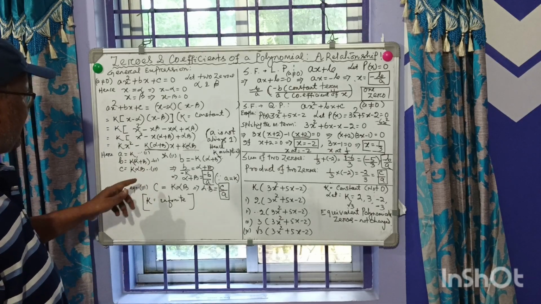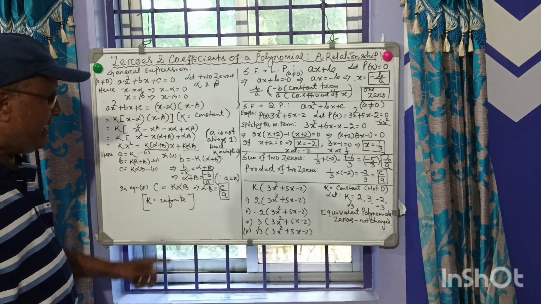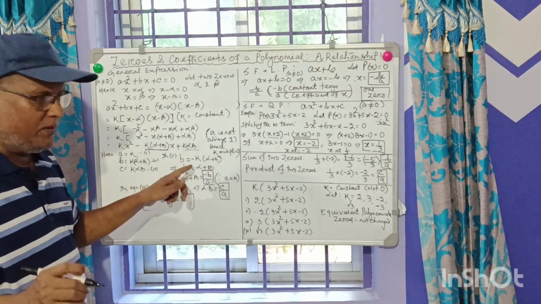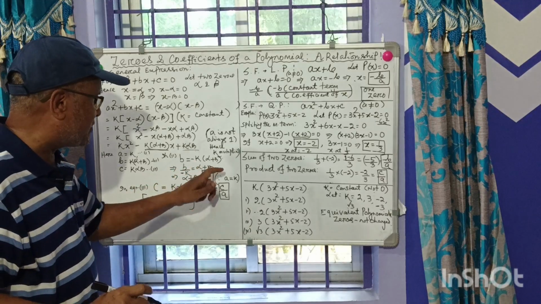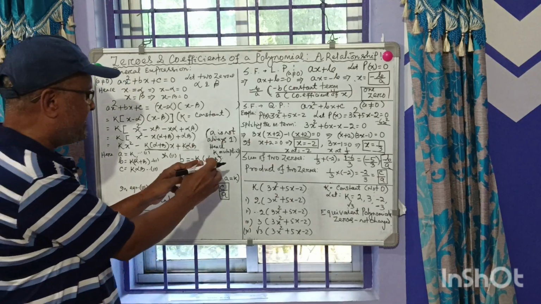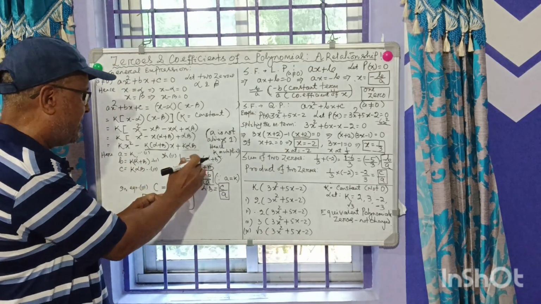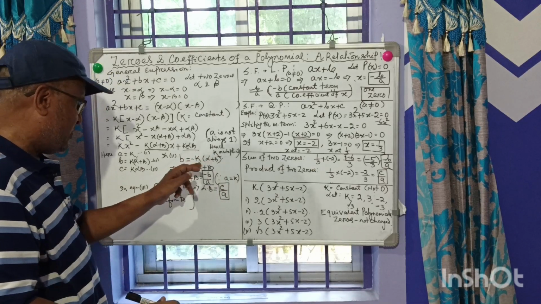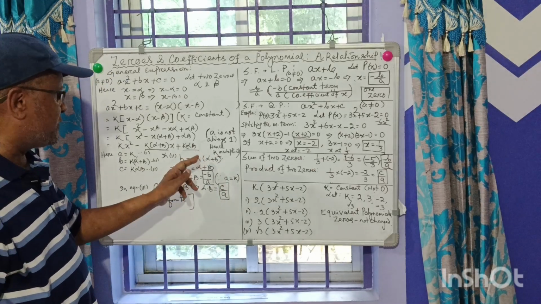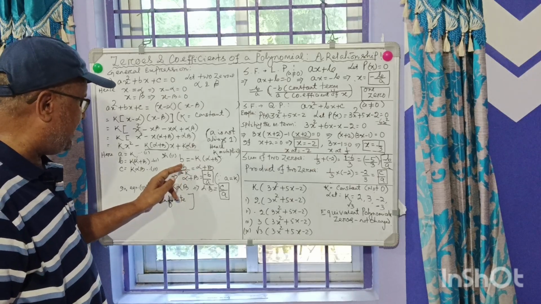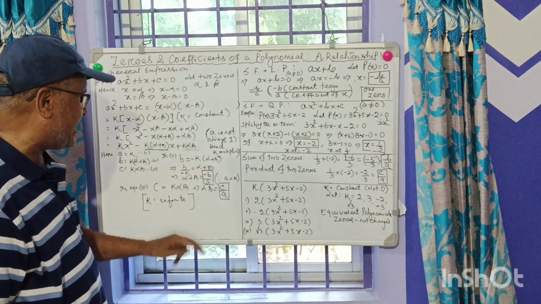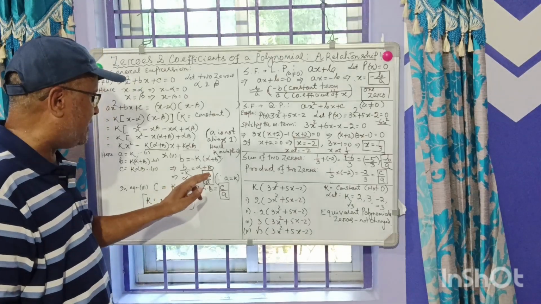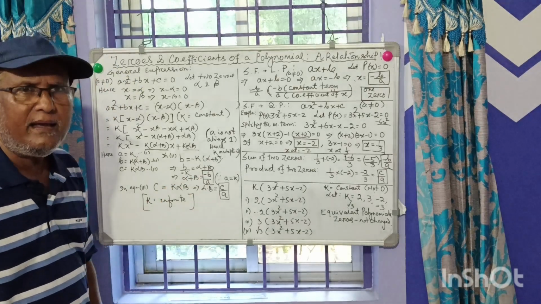Let's take equation number 2. In equation 2, we find b is equal to -k(alpha + beta). Keep alpha + beta on the right-hand side by transposition, so we get -b/k. So simply we can write alpha + beta is equal to -b/k.